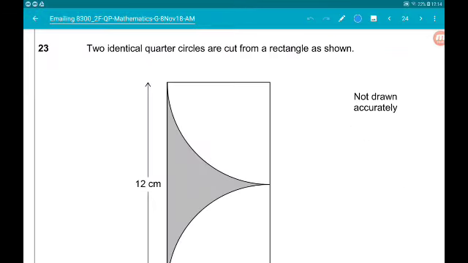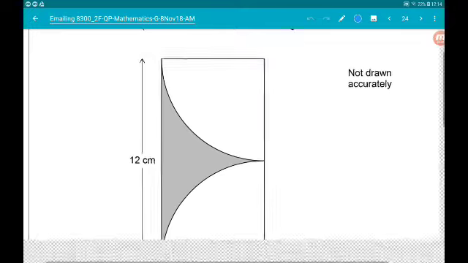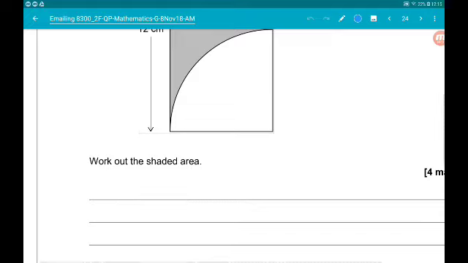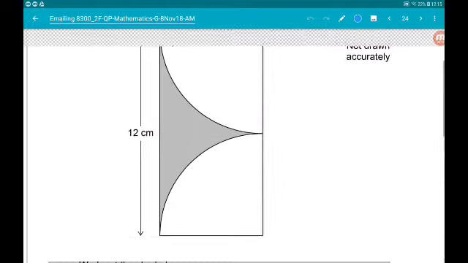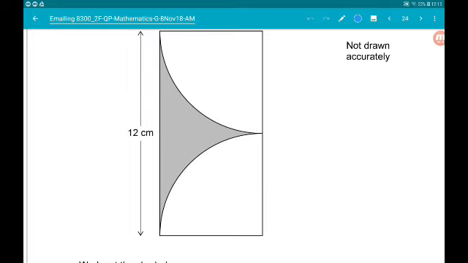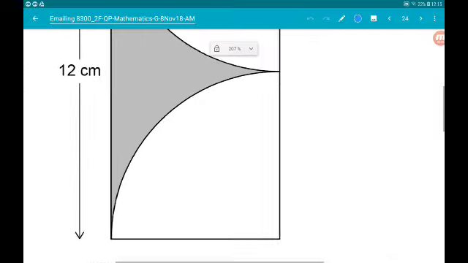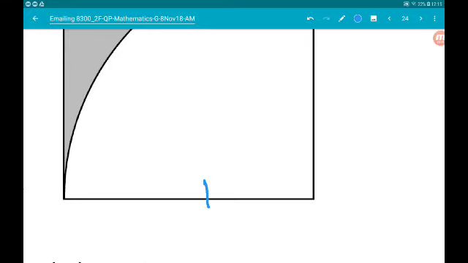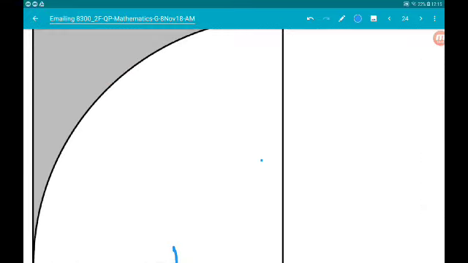23. Two identical quarter circles are cut from a rectangle as shown. So the rectangle has a height of 12 centimeters. We want to work out the shaded area. Okay, so it might not seem like we have enough information, but these are quarter circles, which means that this length is the same as this length.